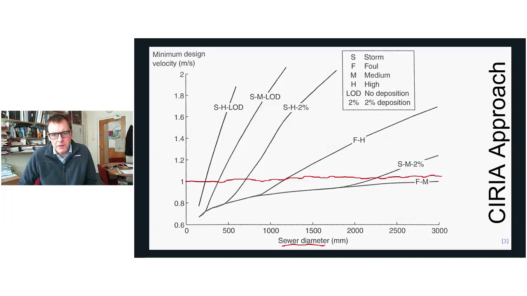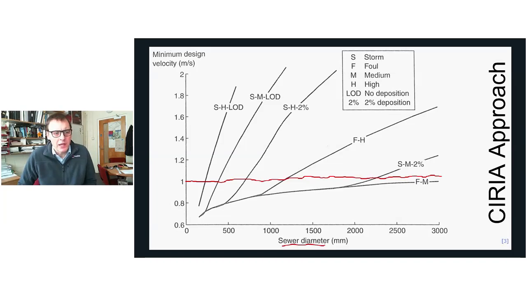Now, what this method allows us to do is in some circumstances pick lower velocity criteria, and in other circumstances use higher velocity criteria. As well as that, it also differentiates between different situations where the sediment's being carried.